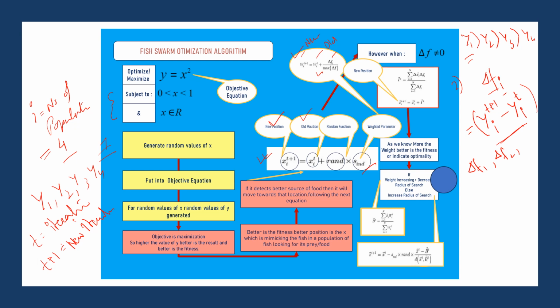But what happens when there can be 2 cases? One case is del F equals 0, the other is del F not equal to 0. If del F equals 0, that indicates that there is no improvement happening in the objective function.